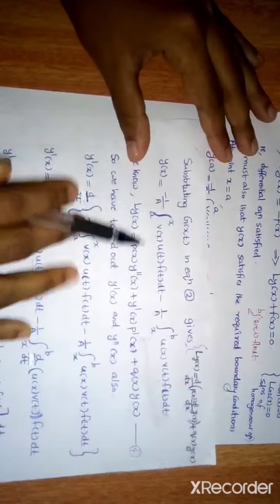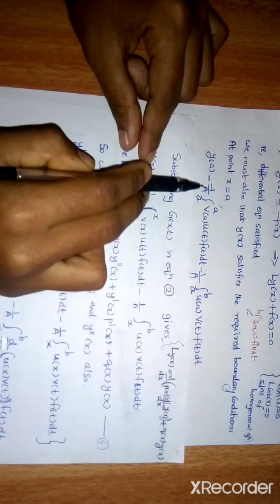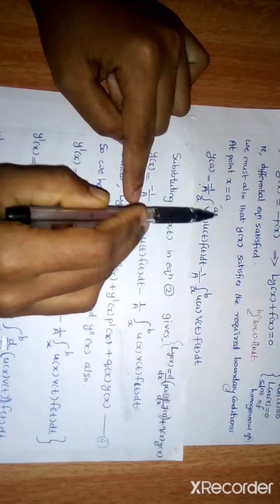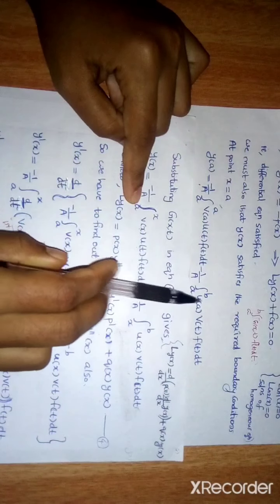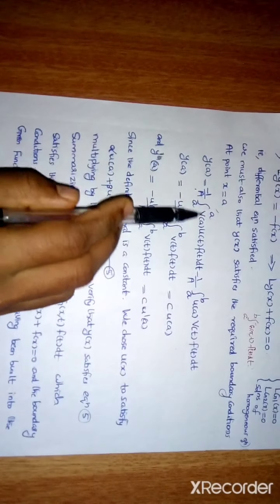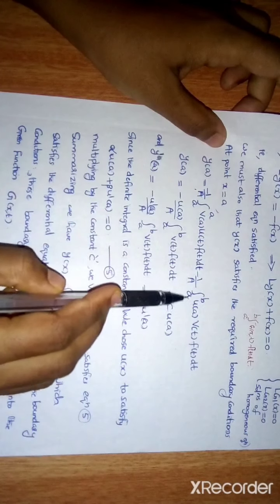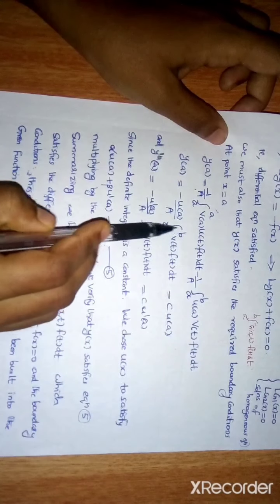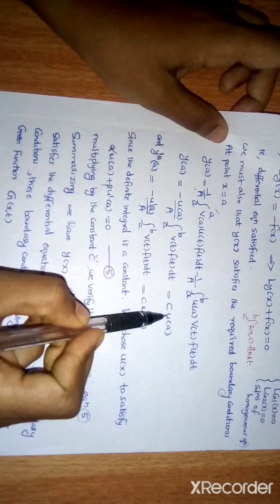We write y of a as minus 1 by a something, and we put a instead of x, so y of a becomes minus 1 by a integral a to a of v of a u of t f of t dt minus 1 by a integral a to b u of a v of t f of t dt. And we know that for the same limit this integration vanishes, and the left integral will be minus u of a by a into integral a to b v of t f of t dt, which is equal to c into u of a.